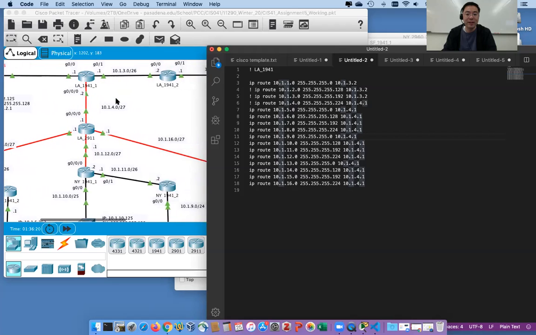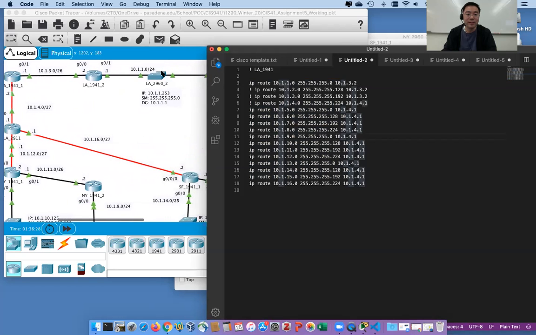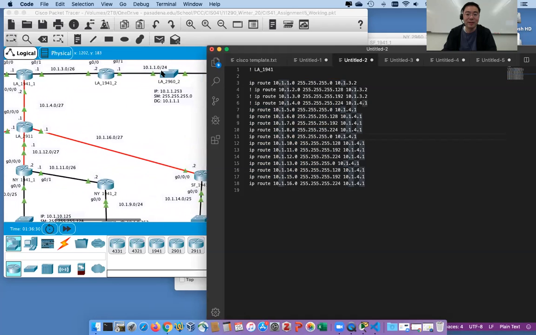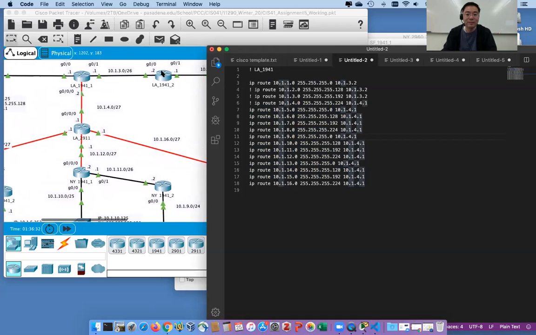The route to get to 10.1.1 is out 10.1.3.2. That's over there. The rest of it goes out this way, 10.1.4.1.